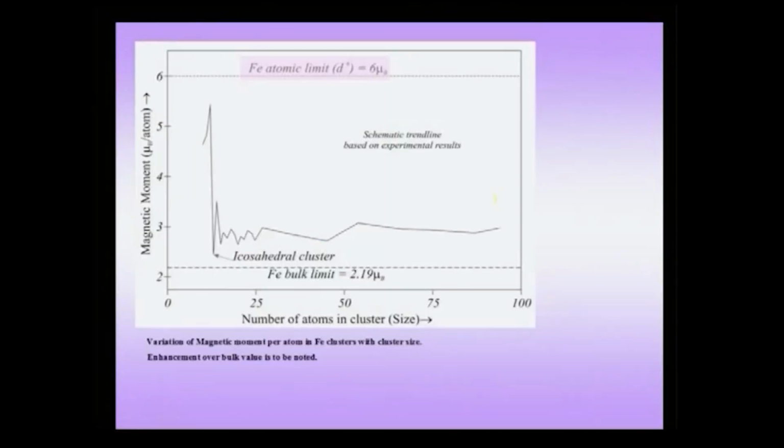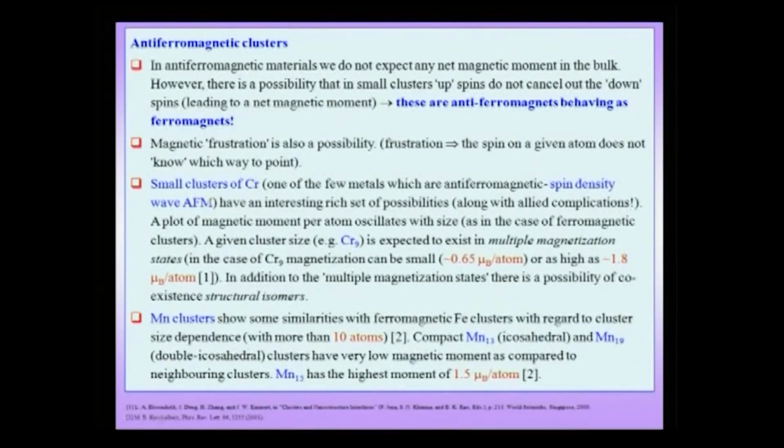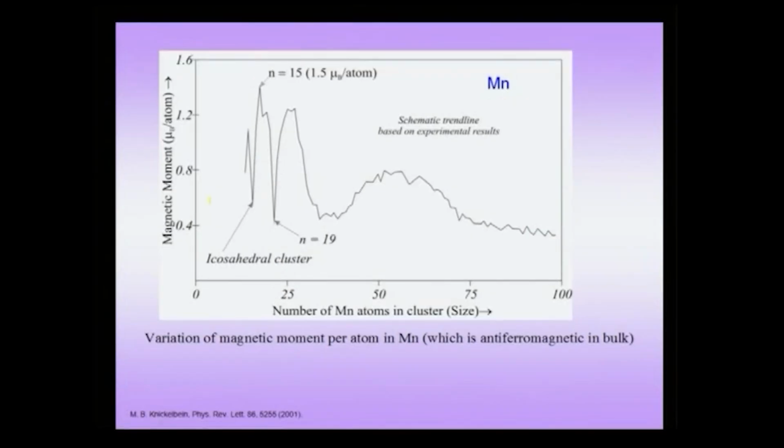Like we saw for the case of the ferromagnetic clusters, if you have an icosahedral cluster, it typically has a low magnetic moment, but if you add an atom to it, then the magnetic moment increases steeply. Similarly, for antiferromagnetic clusters, we saw that in the small cluster regime we have severe oscillations in the magnetic moment of the particles.